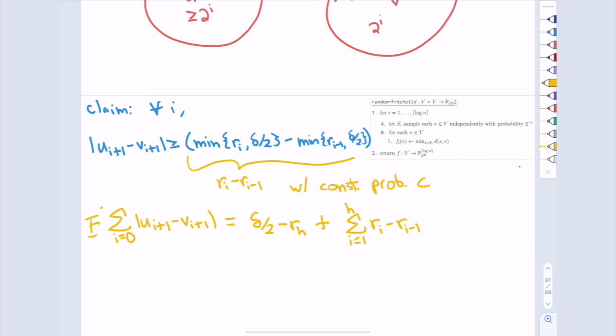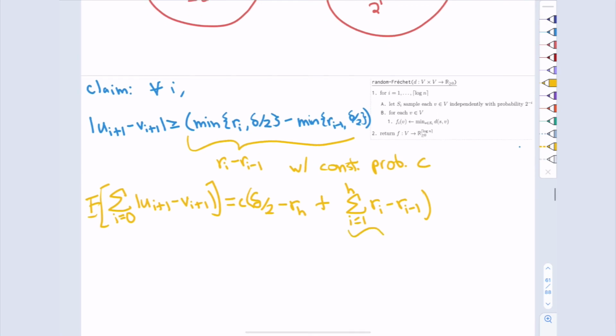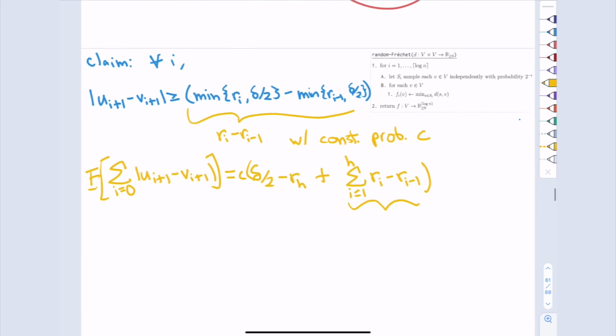This would all be an expectation, and there would be a constant c around this, because with probability c you get at least this much, so the expectation must be at least c times this much. And we get this nice telescoping series, so we get at least c times delta over 2. That's where it'll add up at the end.